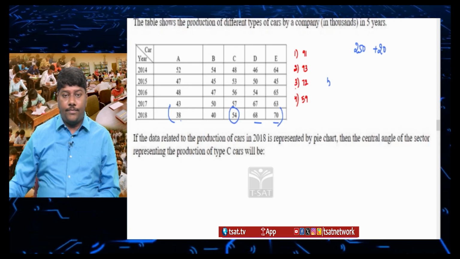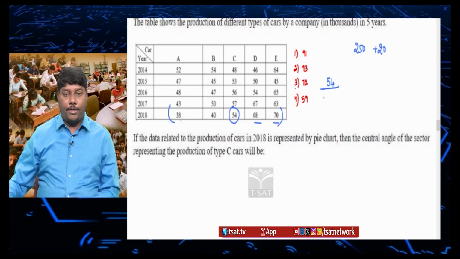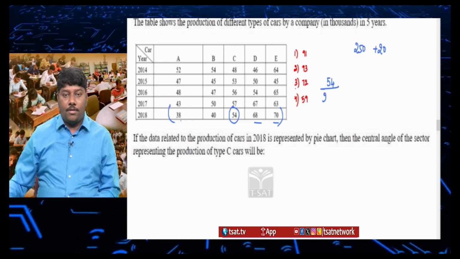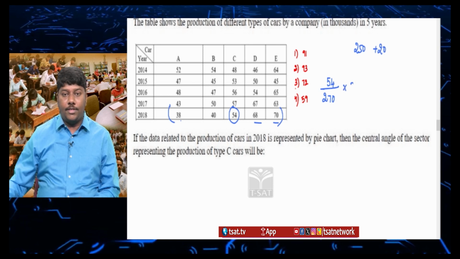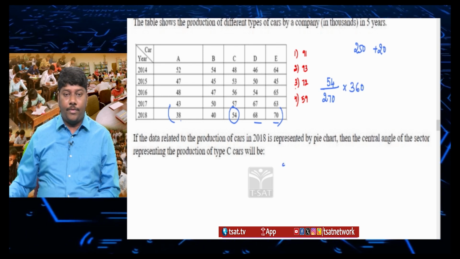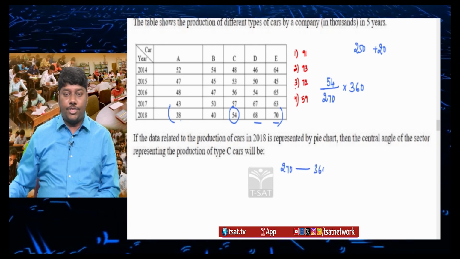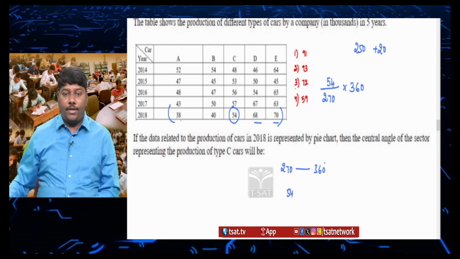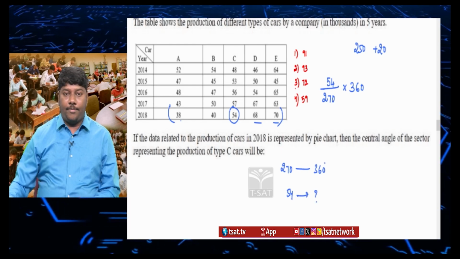So the central angle is, 54 is what? 54 you have to represent. So 54, total value is 270. If you need to convert it into degrees, multiply it with 360. Or else I would say in the unitary method, 270 represents 360 degrees. What does 54 represent? You just need to cross multiply, you will get the same here.